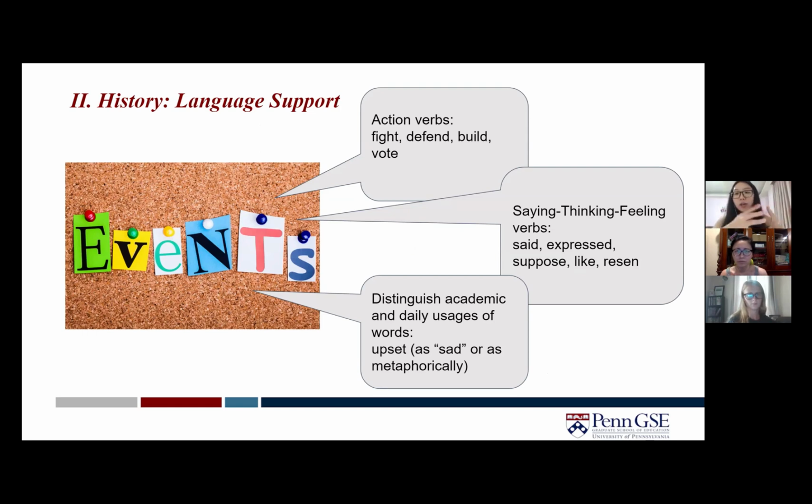So in history texts, there are usually a lot of events that the students need to learn about, right? So instead of just teaching the students that this is what happened, there are actually some linguistic features that hint that this is the event and what happened here. For example, there are action verbs, saying, feeling, and thinking verbs such as said, expressed, or sometimes we need to help the students to distinguish academic and daily usages of words.